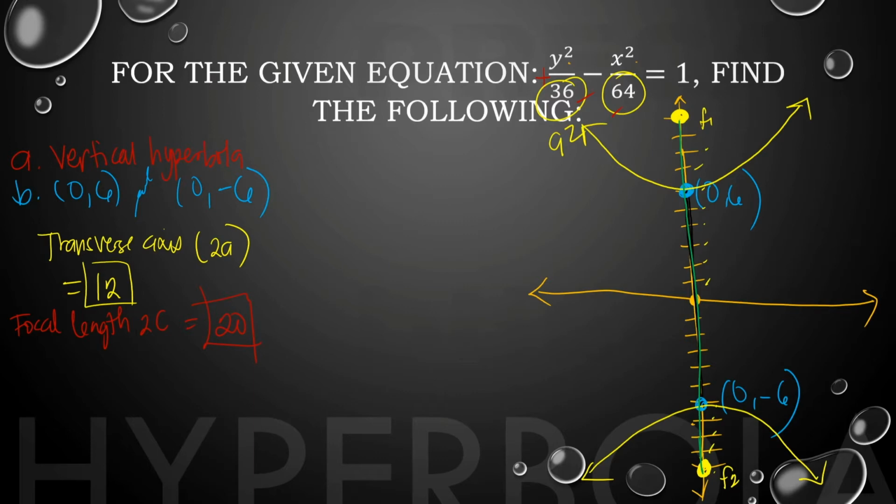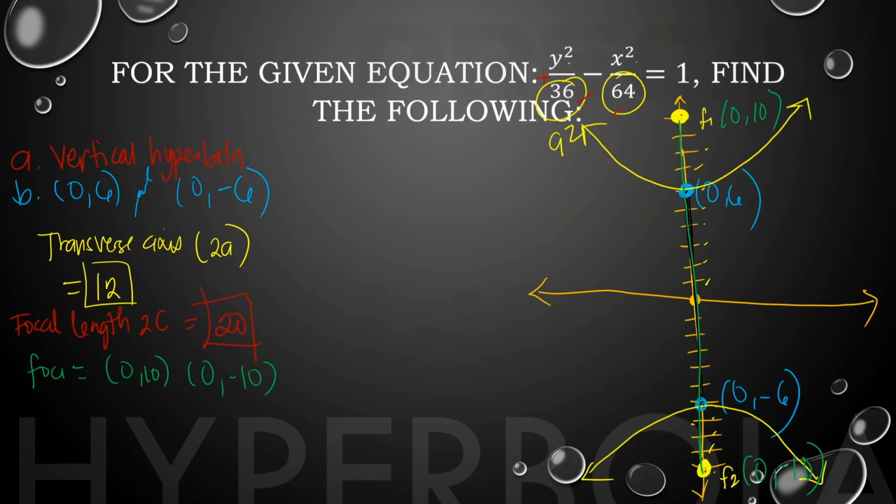And then, yung hinahanap natin is yung coordinates nung foci. Obviously, ito ay (0, 10), and sa pangalawa is (0, negative 10). So, yung coordinates of foci, (0, 10) and (0, negative 10).